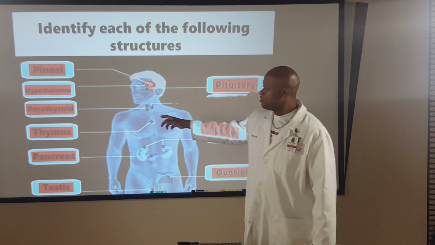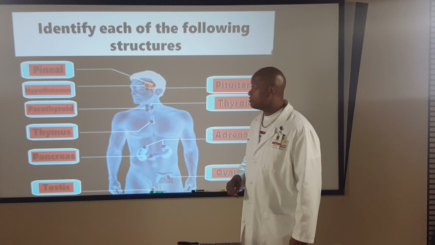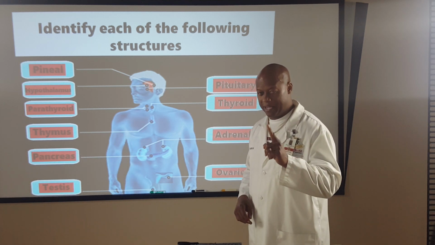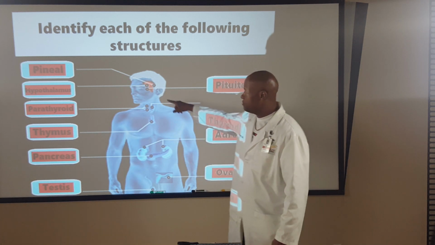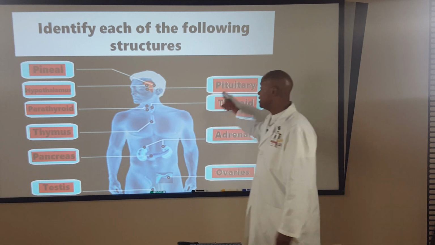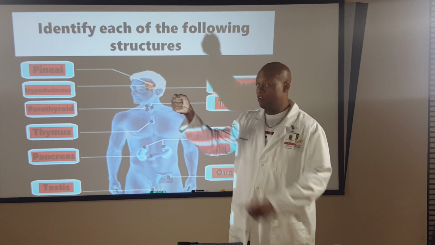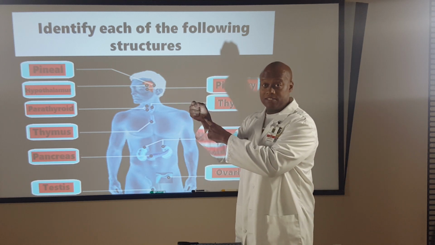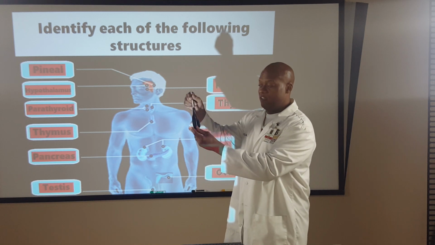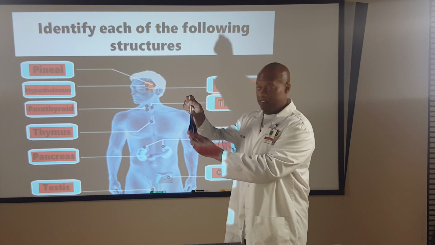Number 2. Structure number 2 is the hypothalamus. Just to put the hypothalamus in perspective, notice that the hypothalamus is above another structure, and that other structure is the pituitary gland. By the way, if my fist was the hypothalamus, then the pituitary gland would be the handles on the scissors that you see here.